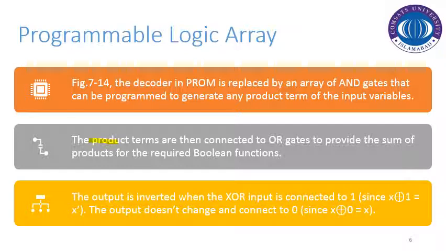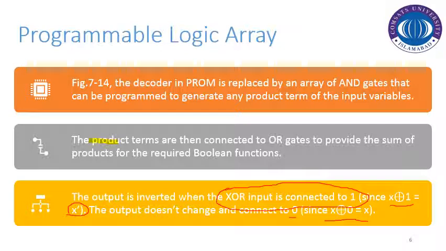Here we need a mechanism that can produce the inverted version as well as the original version. So we will use exclusive OR gates. If we connect the exclusive OR gate with 1, we generate the complement of that function, and if we connect it with 0, we transfer the original function to the outputs.